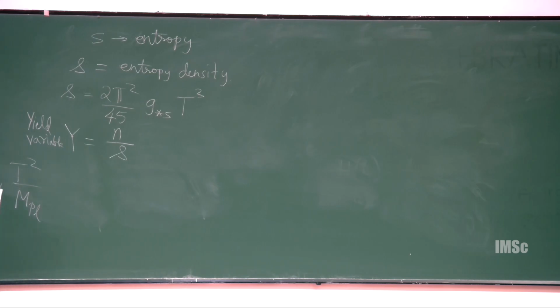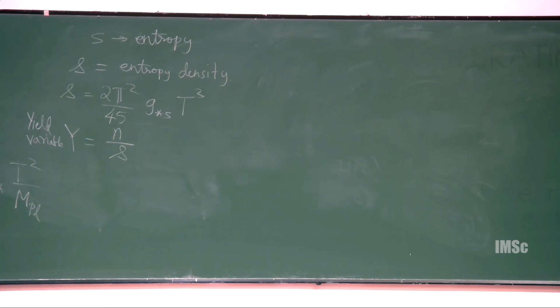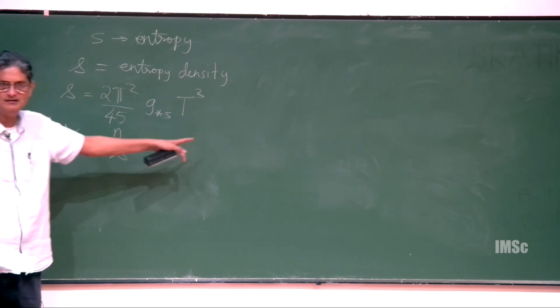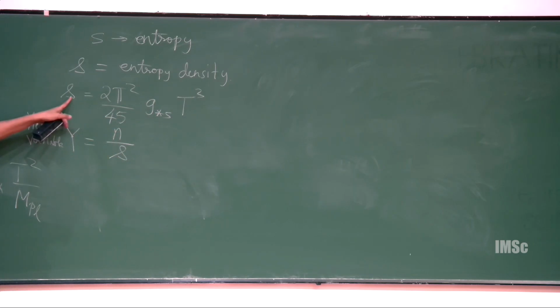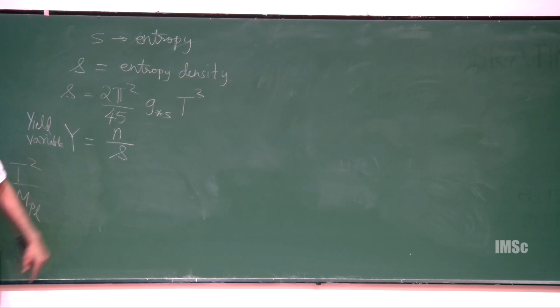So then what is going on is that n has a 1 over a cubed factor, right? And s also has 1 over a cubed because T, remember, goes like 1 over a, right? So small s has 1 over a cubed, and n also has 1 over a cubed. And so that scale factor cancels out in this thing. And that is the utility of looking at this variable.